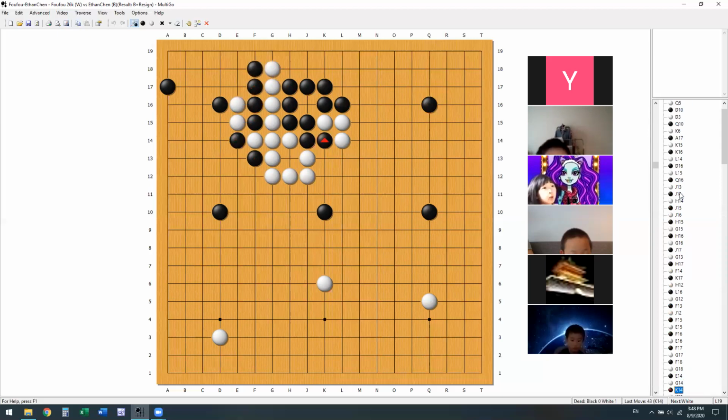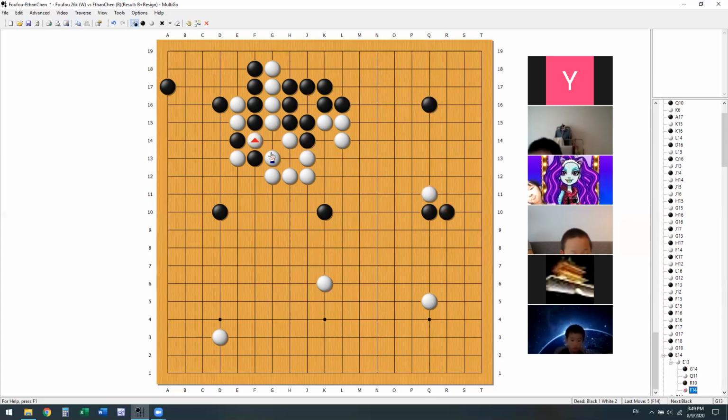Yeah. And here, for example, black Atari and white connects. If white wants to make a ko, what can he do? He can actually do a double Atari here. And black captures. But if white has a big ko threat, for example, go there, and black answers, he can capture back, and then it is a double Atari.